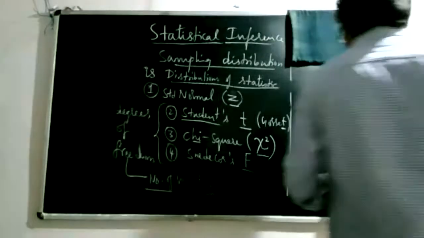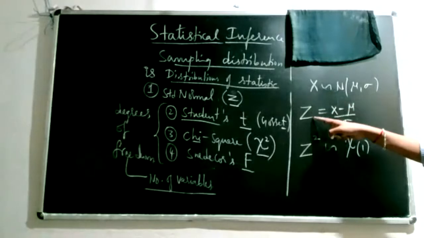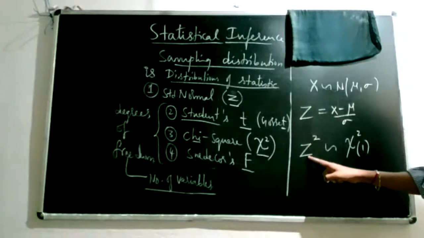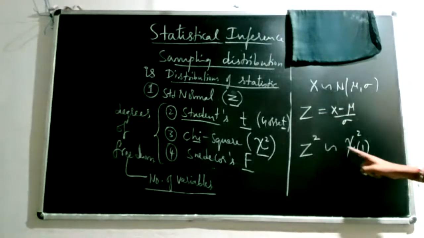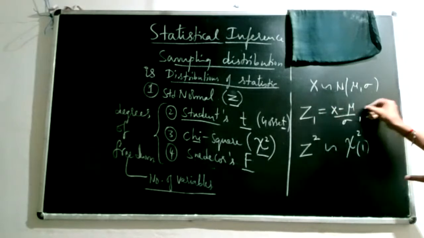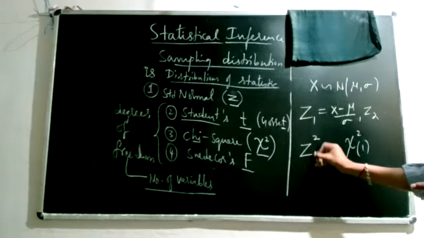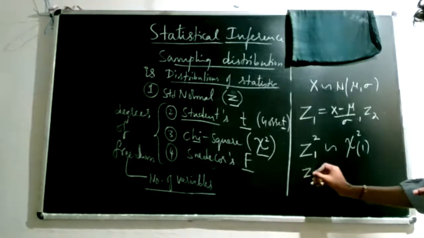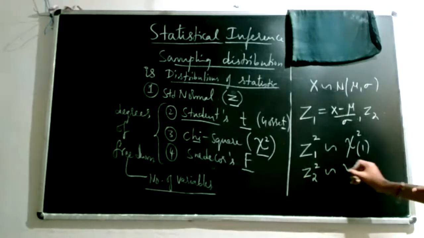I have one set of X from which I have produced Z, and I'm using just one such set, so that distribution will be chi-square with 1 degree of freedom. If you have another Z, say Z1 and Z2, then you can talk about Z1 square, which is chi-square, and Z2 square, which is also chi-square with 1 degree of freedom.